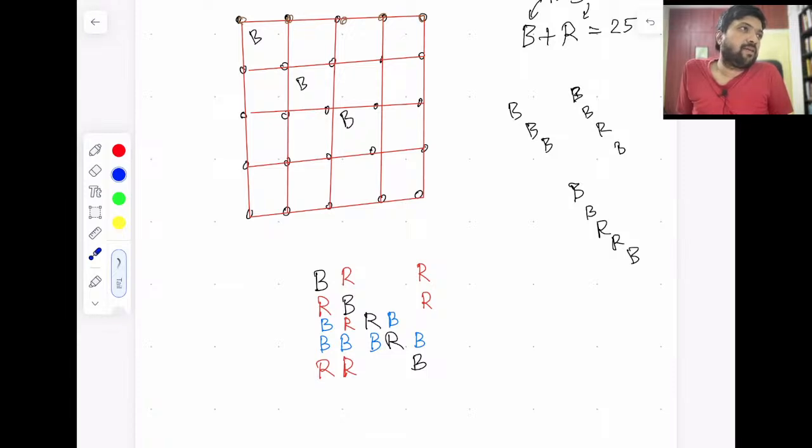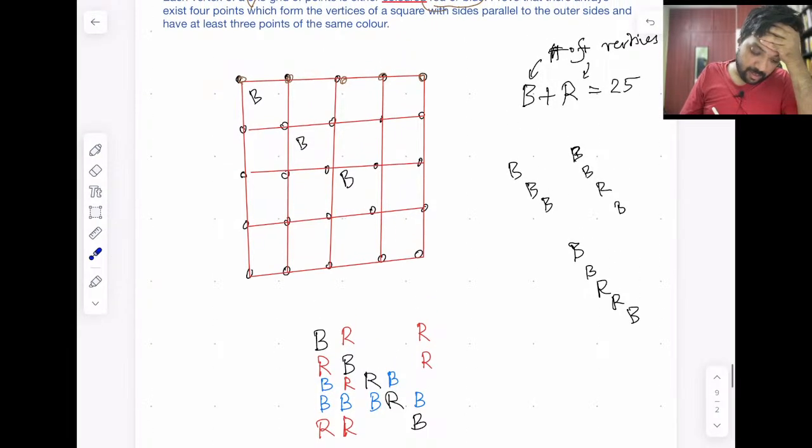Is it similar to that third problem, 3 cross 1, where the center one must be blue or something? Can we argue the center one has to be blue? No, maybe not.